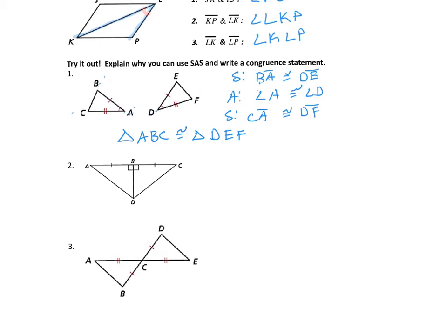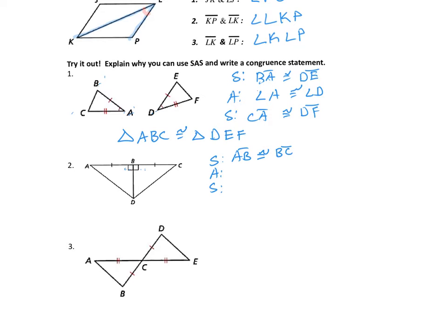Okay. On to our next example there. We want to do side, angle, side. We already are given a side. AB is congruent to BC. And notice here we have these right angle markers.